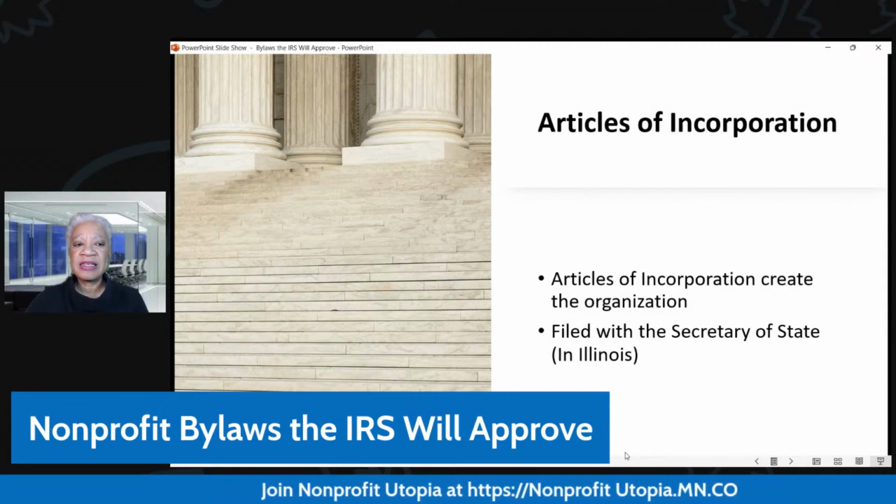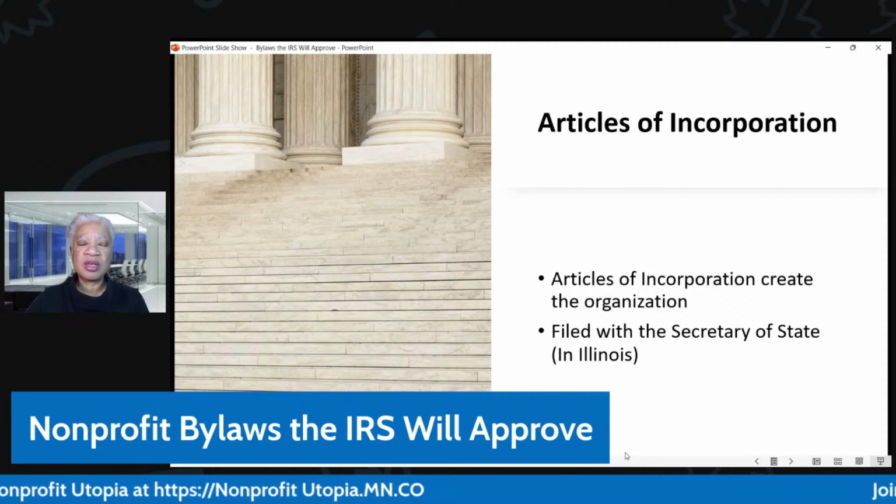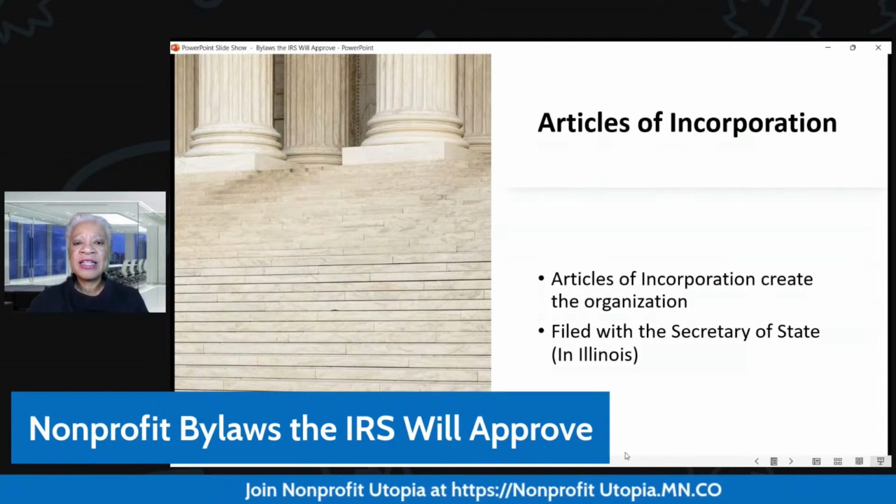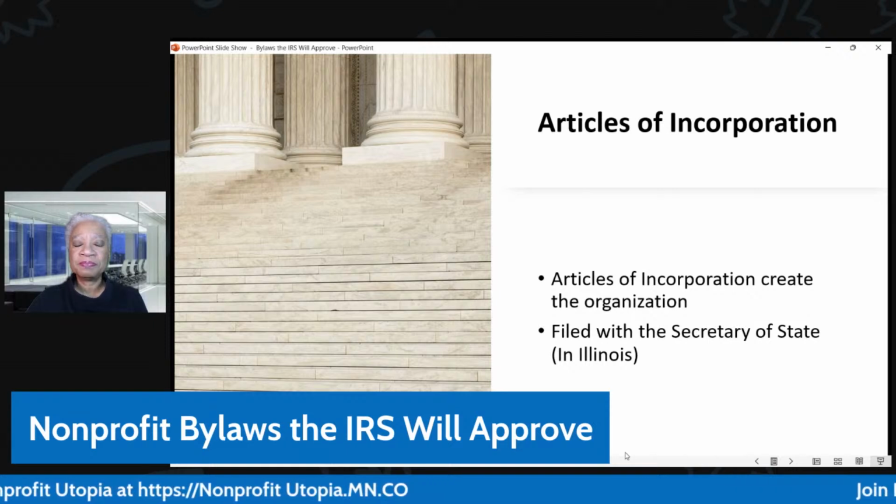Now, that is important because in so many cases we use terms like Articles of Incorporation, bylaws, and policies and procedures interchangeably, but they're really three separate documents and they're all important.